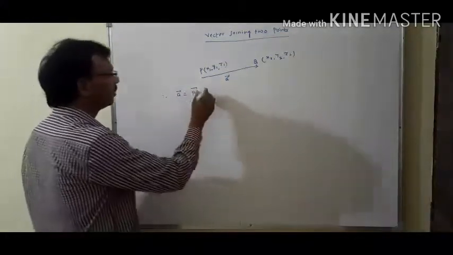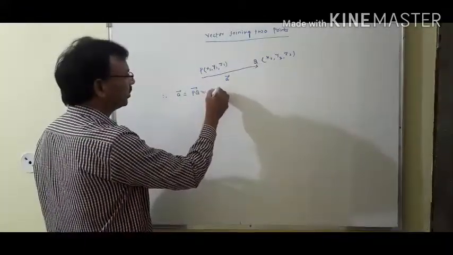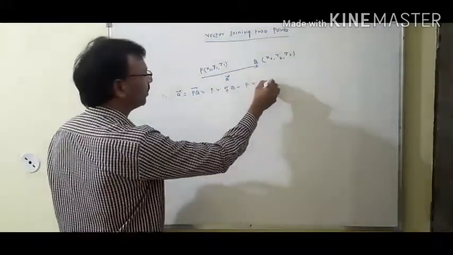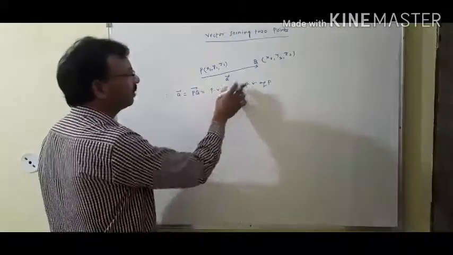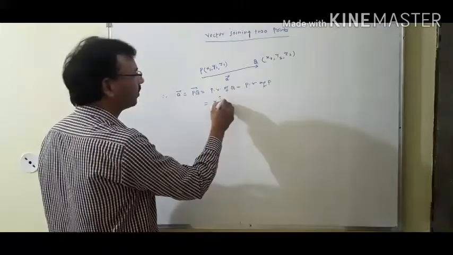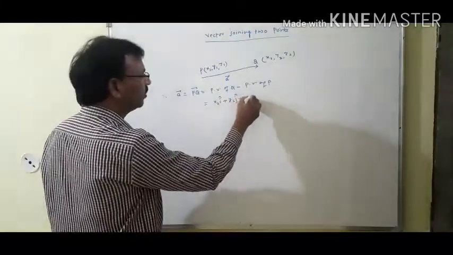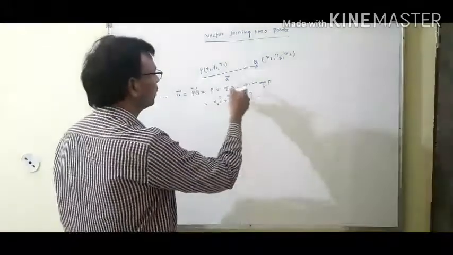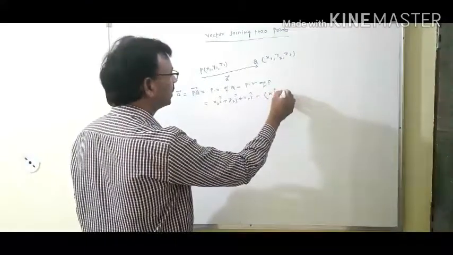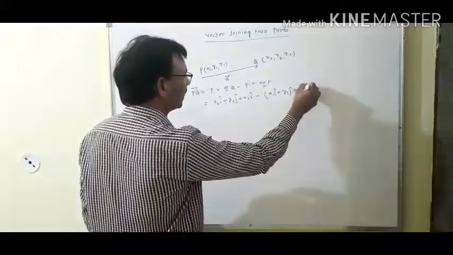PQ means position vector of Q minus position vector of P. Position vector of Q means x2 i cap plus y2 j cap plus z2 k cap, minus position vector of P, which means x1 i cap plus y1 j cap plus z1 k cap.